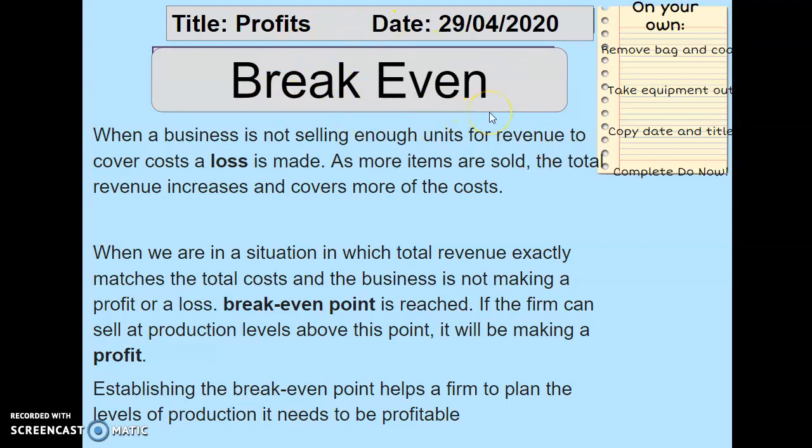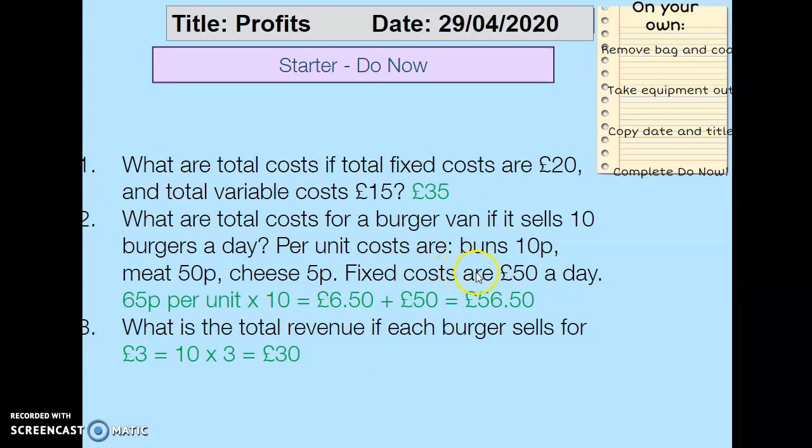We're not going to look into it in that much detail today because we will be coming back to this, but I want you to start thinking about what we just talked about. The fact that we've got a higher cost than what we're selling, so revenue is smaller than our total amount of costs.